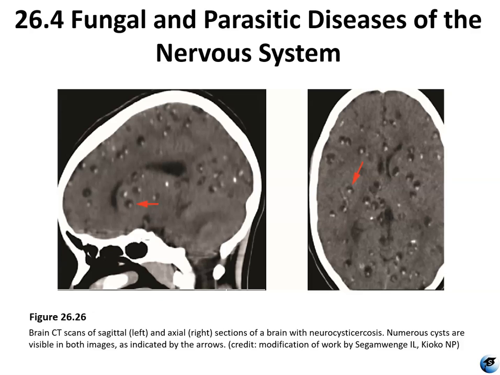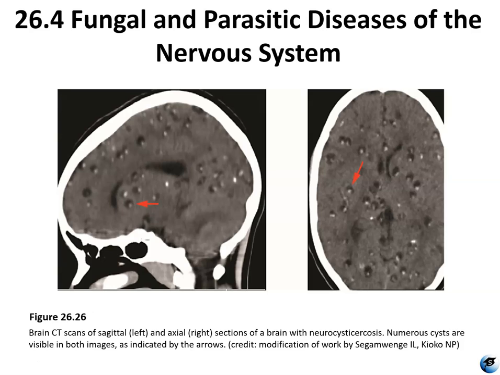Neurocysticercosis is a preventable parasitic infection caused by larval cysts, which are enclosed sacs that contain the immature stage of a parasite. Its common name is the pork tapeworm. Its scientific name is Taenia solium. The larval cysts can infect various parts of the body, causing a condition known as cysticercosis.